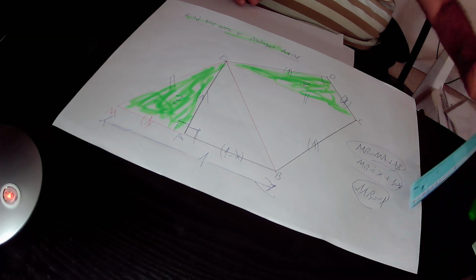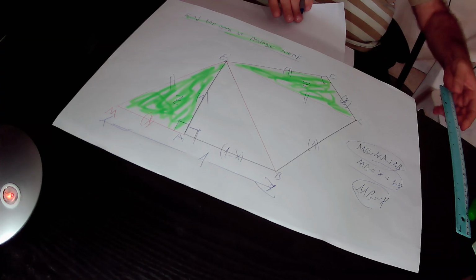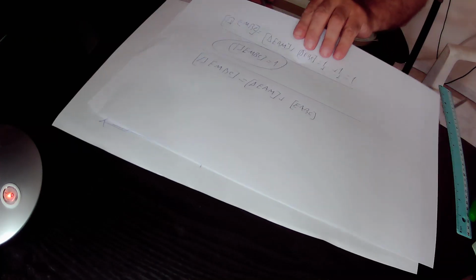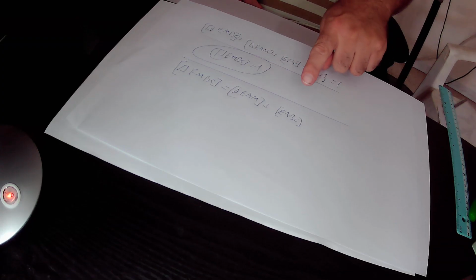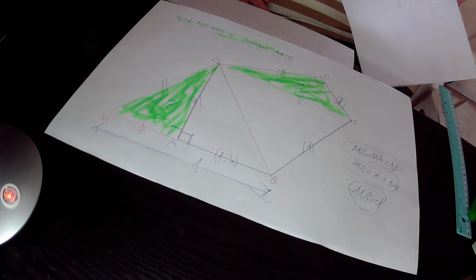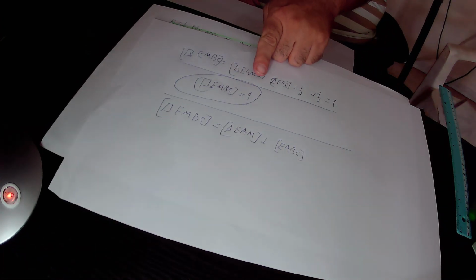And again, we found out that the area of the big quadrilateral EMBC in total is equal to the area of the right green triangle EAM plus the area of quadrilateral EABC. And we already found out that the area of the big quadrilateral EMBC is equal to 1.